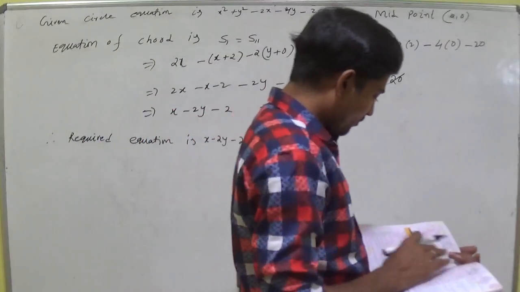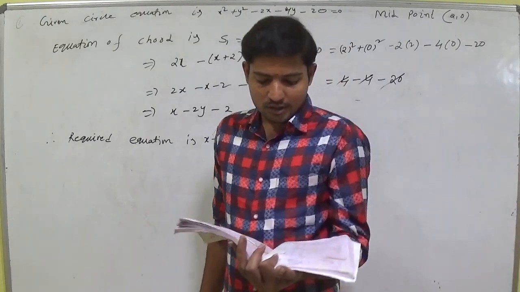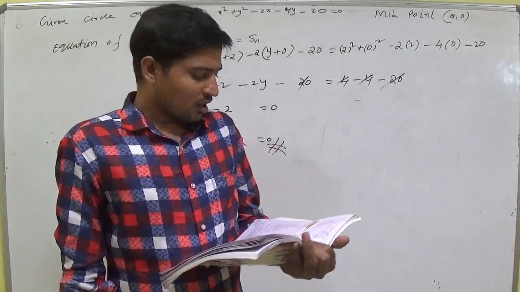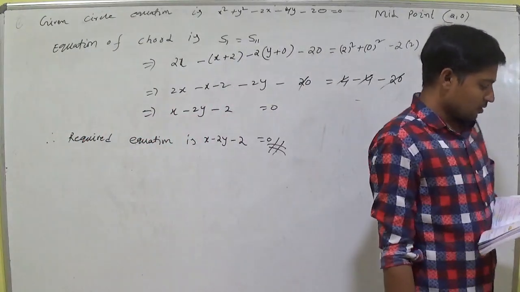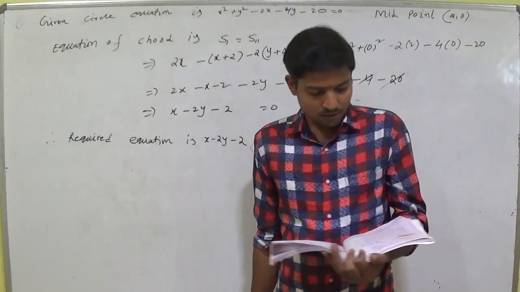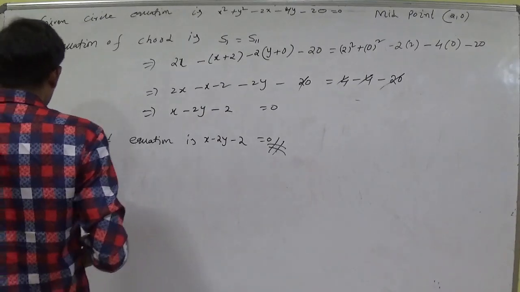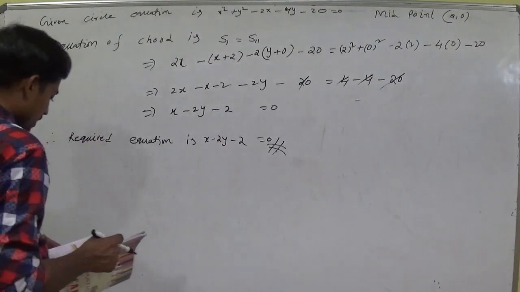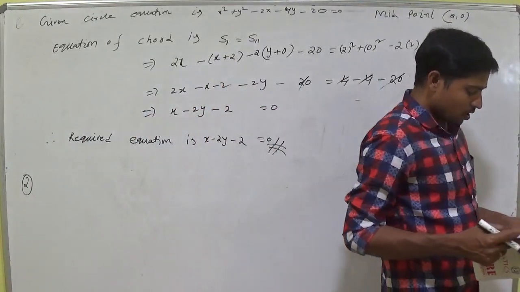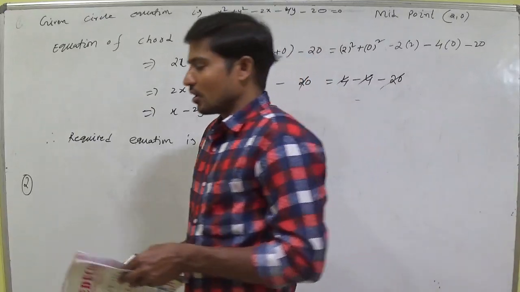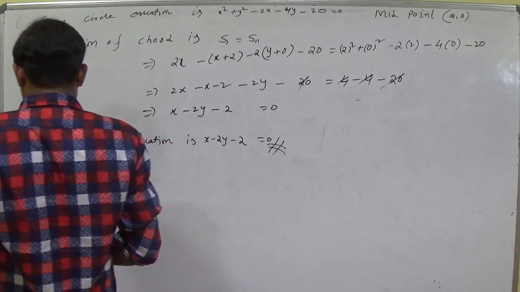Next, midpoint of the chord with respect to the circle. A line has given, and with respect to the circle, second line. Here we have to find the foot of the perpendicular.